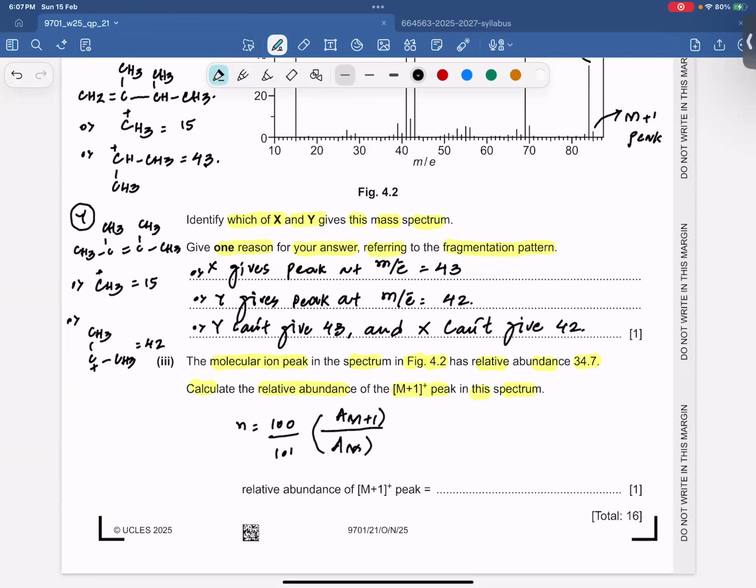The number of carbon atoms is 6. 100 over 1.1 is fixed. I'm not going to change it. The abundance of M plus 1 peak we need to find out. And the abundance of molecular ion peak is given, which is 34.7. So the abundance of M plus 1 peak is going to be 2.29. Okay, so that's my answer.